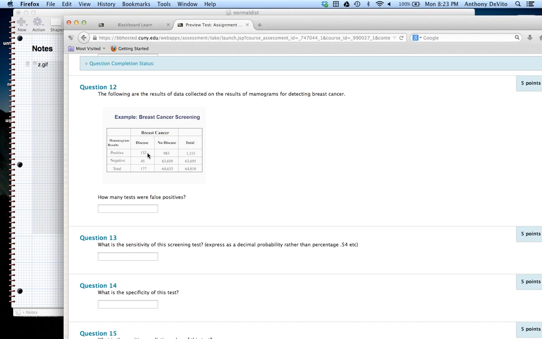Now remember, a false positive has to be a positive. This 45 is not a false positive. That's actually a false negative because the test was negative and it was wrong. The person had the disease. So I'll leave it up to you to figure out which one is a false positive.